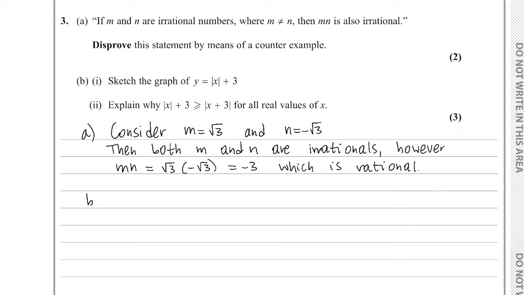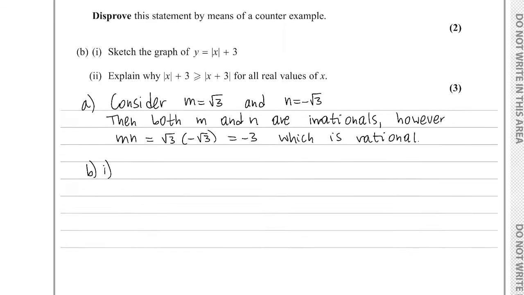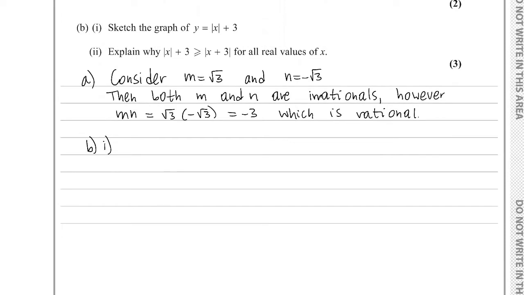Part (b)(i), we need to sketch the graph of y is the modulus of x plus 3, and then explain why the modulus of x plus 3 is always greater than or equal to the modulus of x plus 3. So, in order to sketch the graph of y is the modulus of x plus 3, we need to recall exactly what the modulus function is doing.